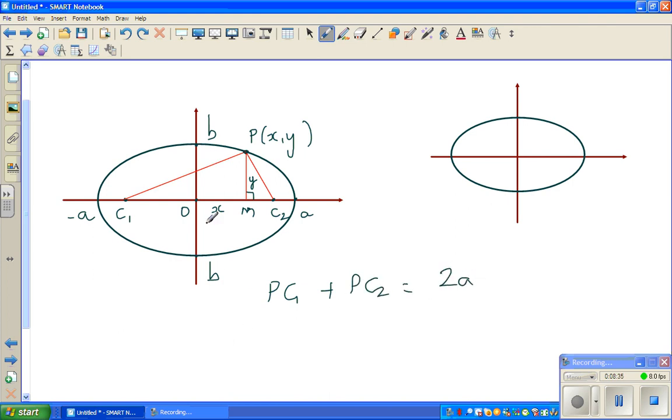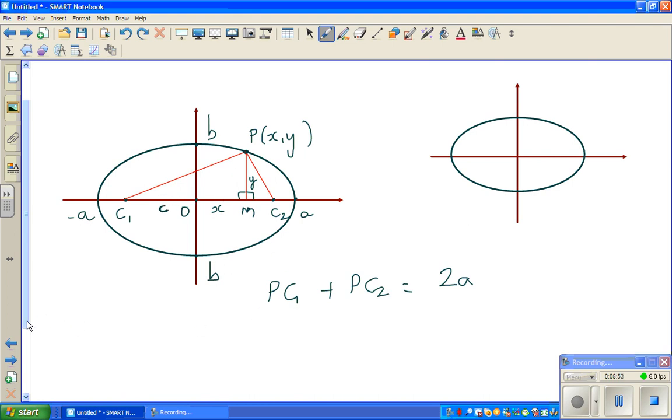What is PC1? Again this is a right angle triangle. This is your Y, and this is the other side. This is C, this is C, and this is X.